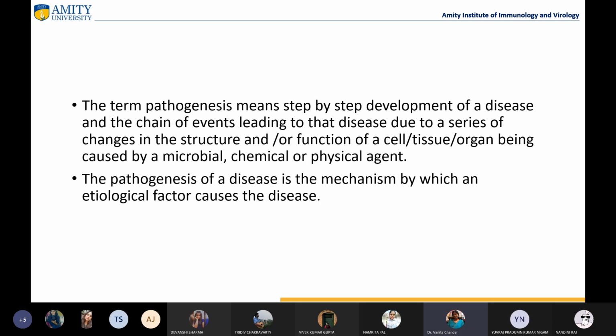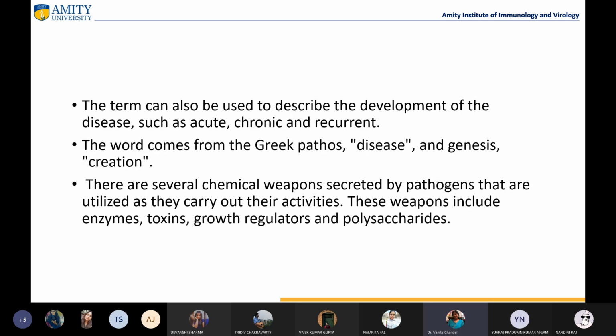The pathogenesis of a disease is a mechanism by which etiological factors cause the disease. The term can also be used to describe the development of disease such as acute, chronic, or recurrent. Usually chronic, recurrent, these terms are used in human diseases.